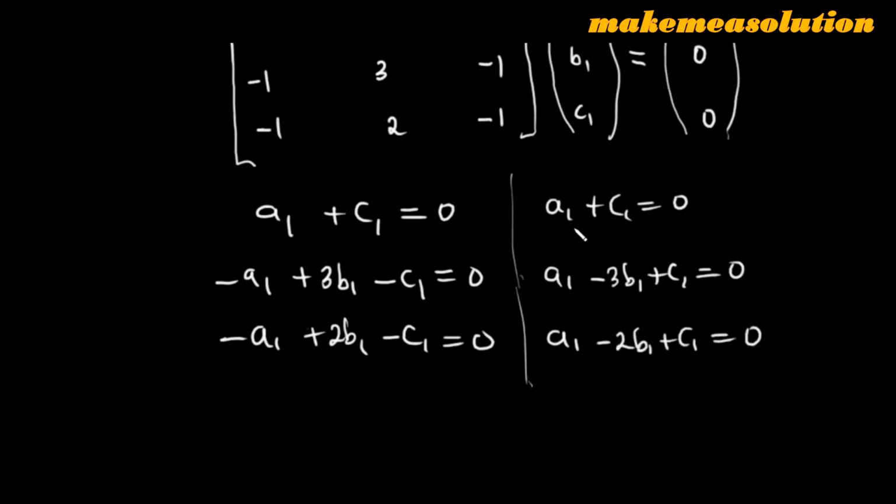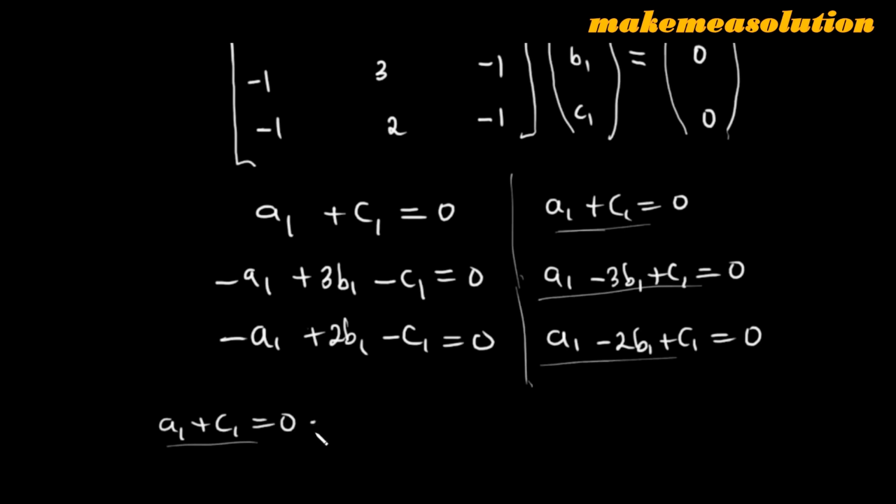The first equation already suggests to us that a1 plus c1 is equal to 0. So you can substitute a1 plus c1 equal to 0 into the second equation or the third equation.